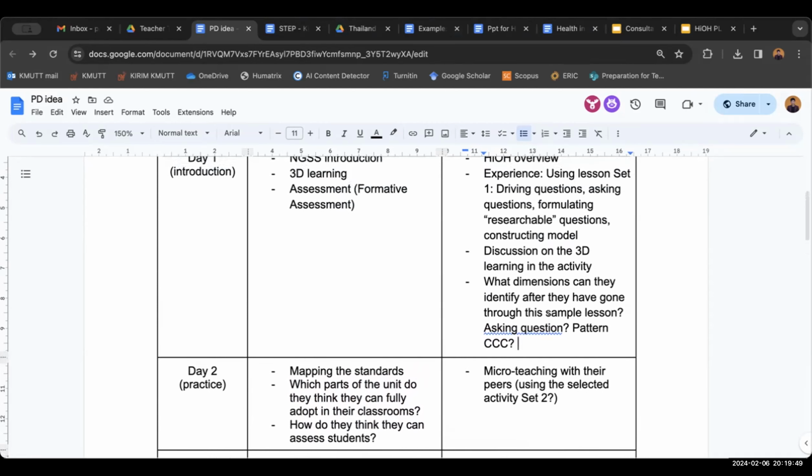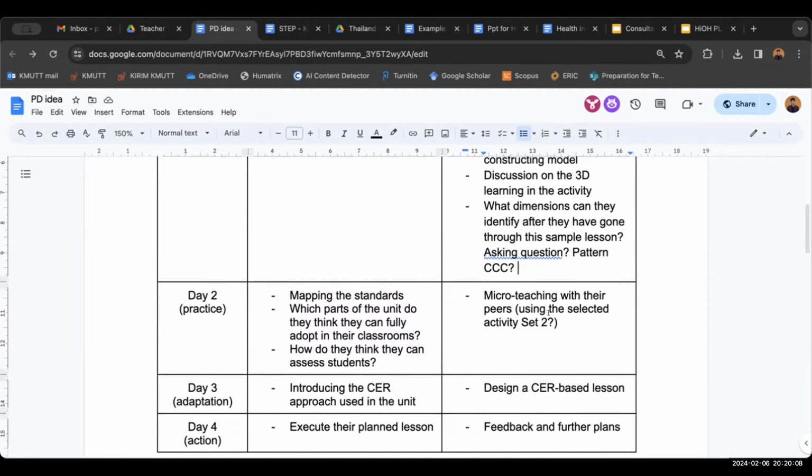So it might be good if they have a chance to do a laboratory, acting as a learner, and then walk through the whole lab. When you go back and discuss, I think it might be meaningful for them.